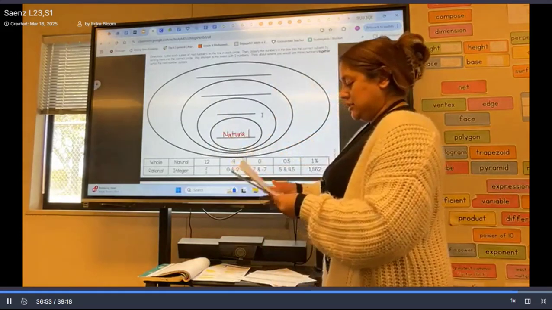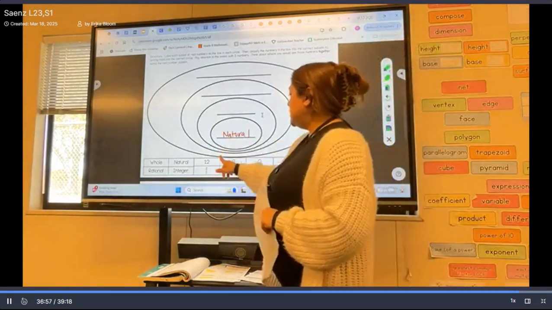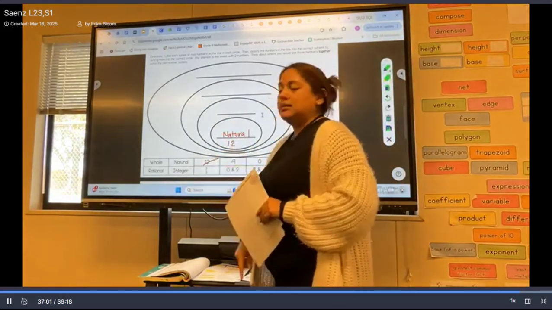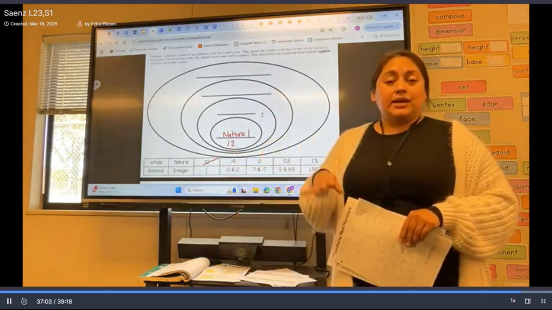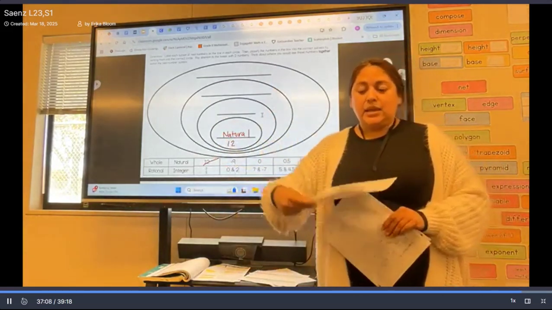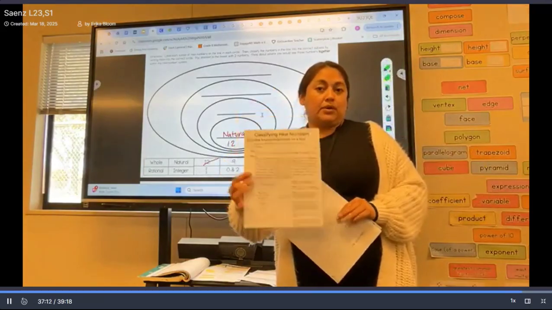So in this case, 12 would be a natural number. So I'll just write it in and cross it out. Please do not cut it, do not paste it, because if you do cut and paste, you're going to be cutting part of the informational back part of it, okay?